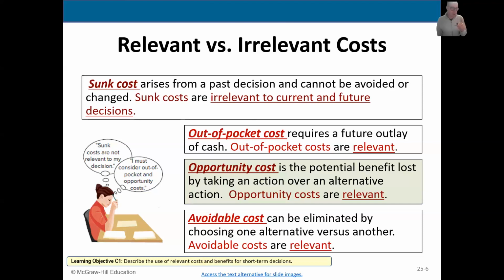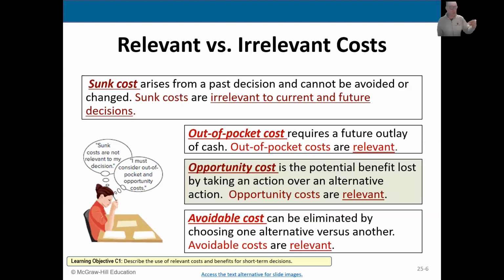Sunk costs are costs that arise from past decisions that cannot be avoided or changed. We consider sunk costs to be irrelevant to current and future decisions. An example of this: we previously paid $1,000 for a smartphone.